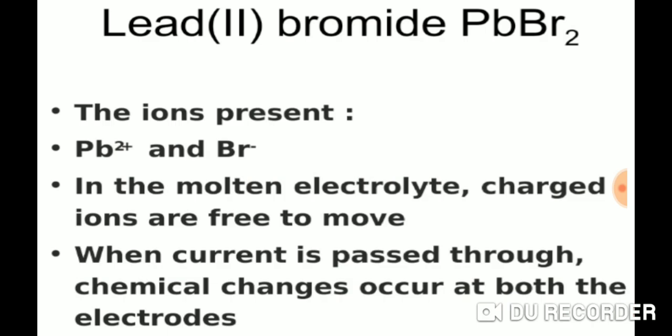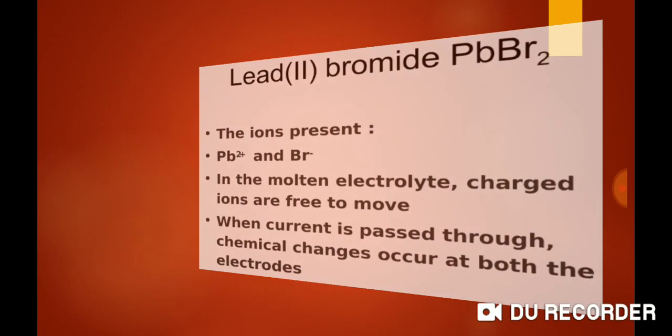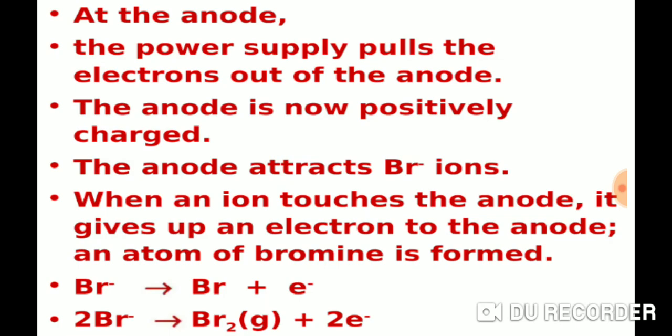Now, we are going to discuss the electrolysis of lead bromide, PbBr2. The ions present are Pb2+, that is lead ions, and bromide ions. In the molten electrolyte, charged ions are free to move. When current is passed through, chemical changes occur at both the electrodes.